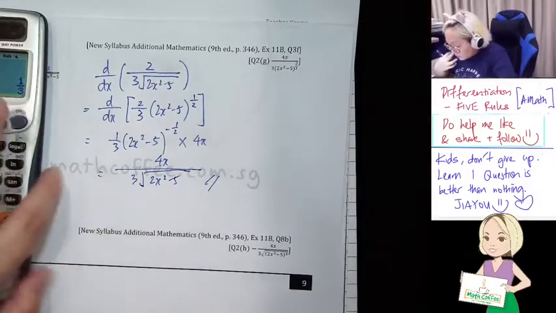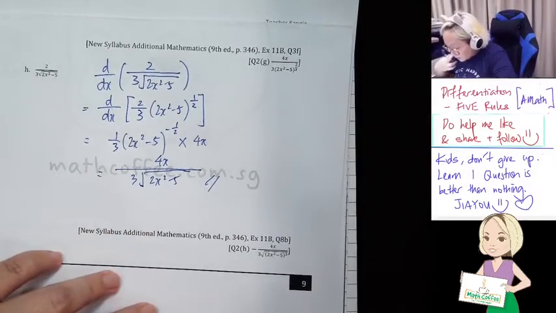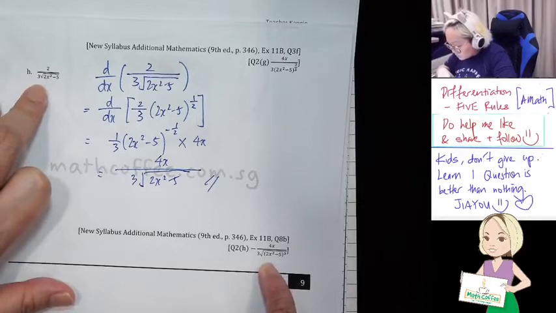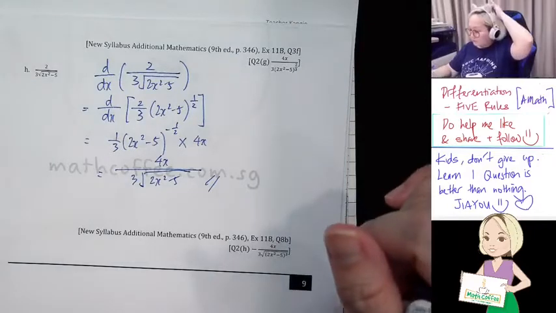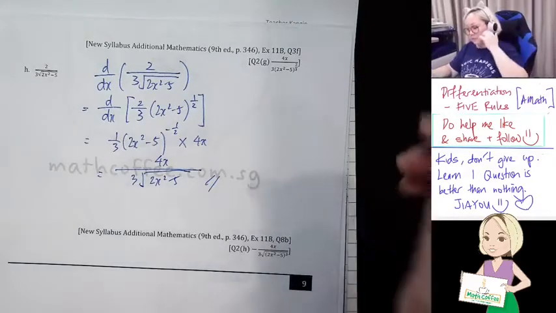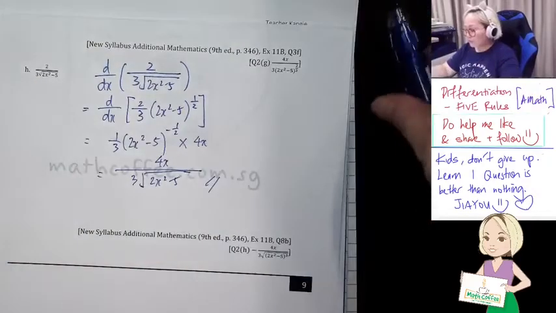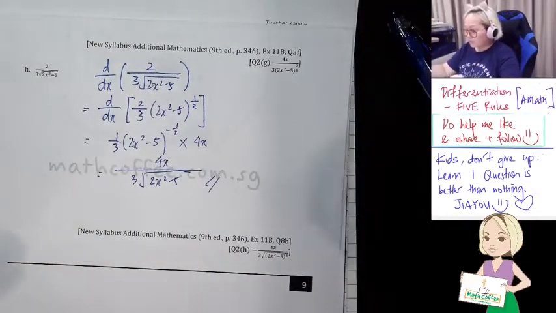Wow, did I write wrongly? Why is it that this one and this one are totally different? I know why already. This is supposed to be cube root. Let's see.